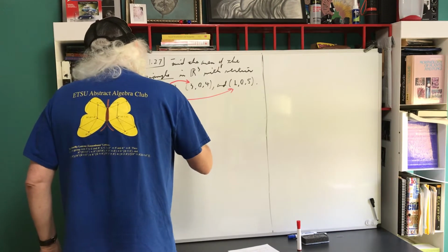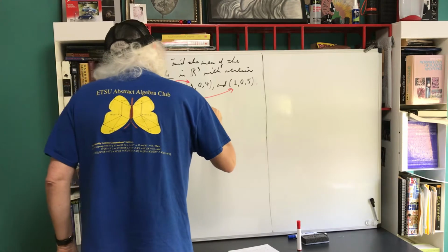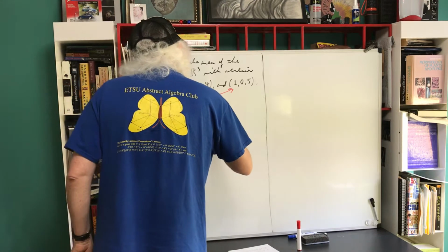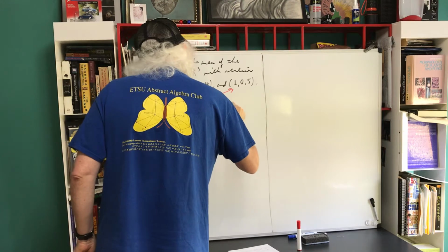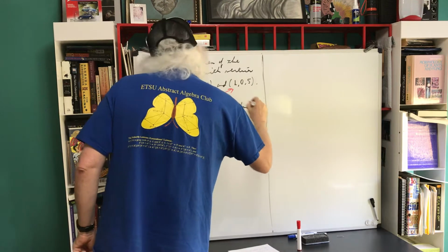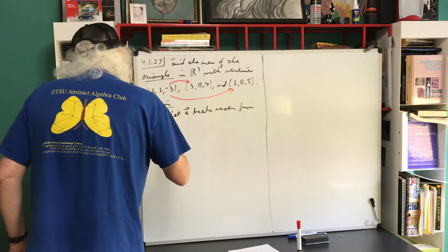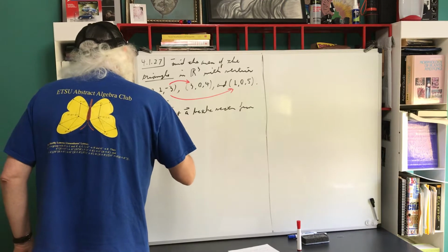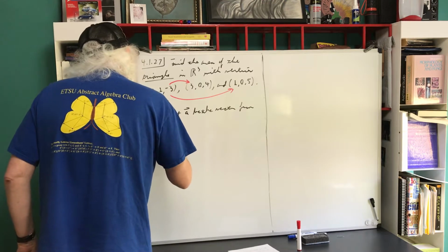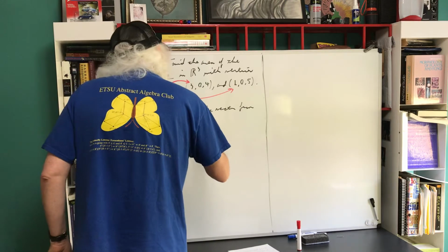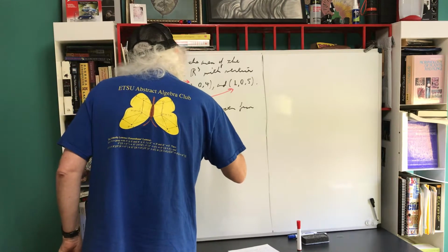First, let A be the vector from 2, 1, negative 3 to 3, 0, 4.